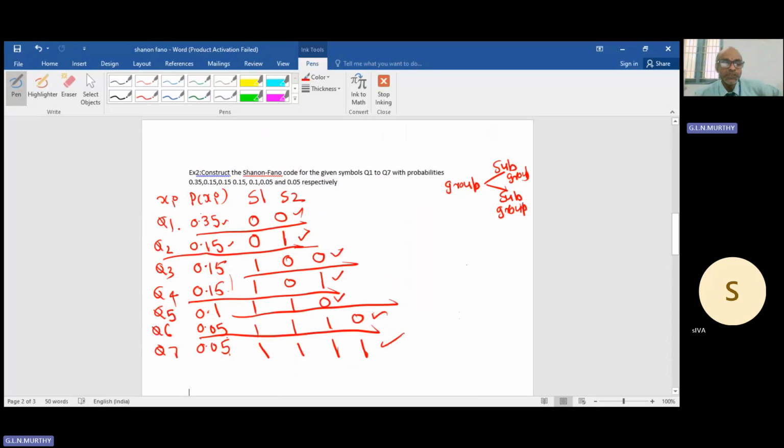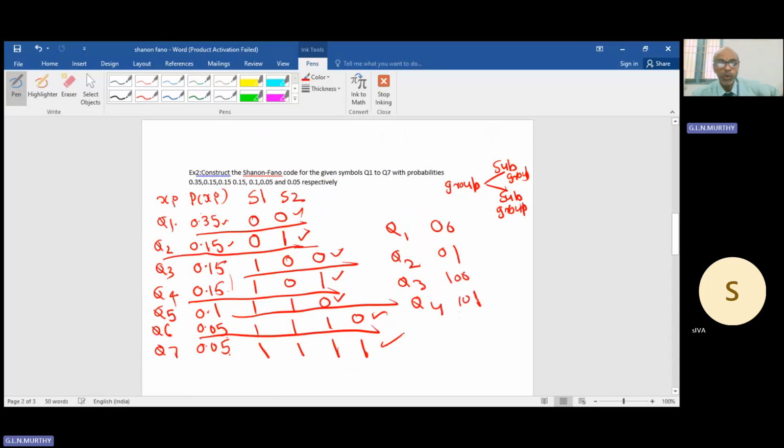So 0.35 is 0, 0. Let me just mention this case. Q1, 0, 0. Q2, 0, 1. Q3, 1, 0, 0. Table we have to mention.